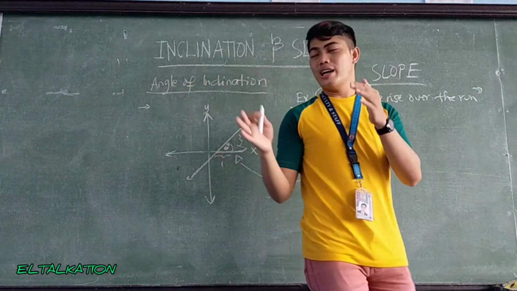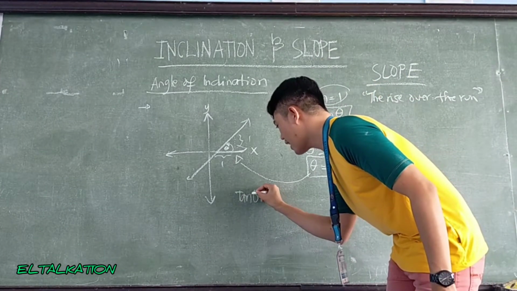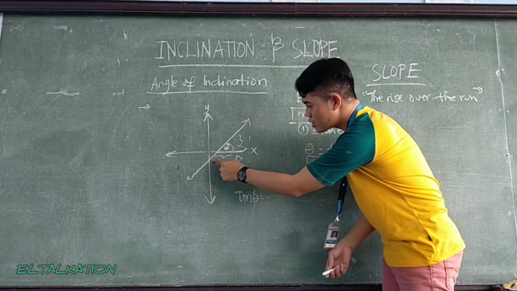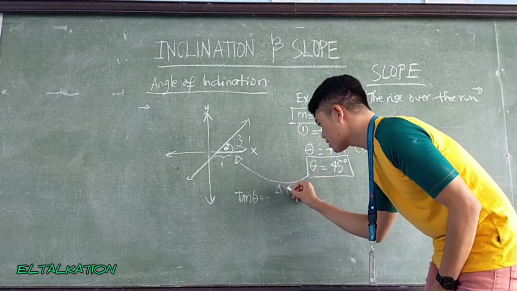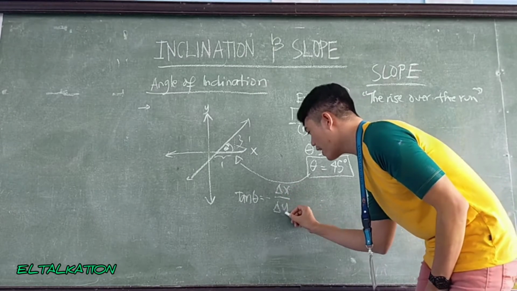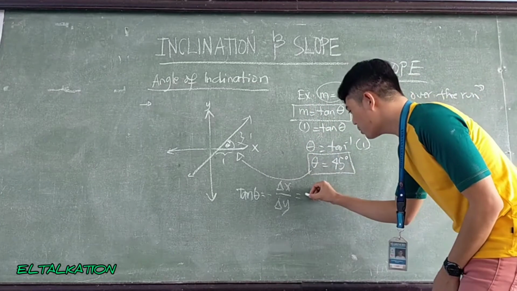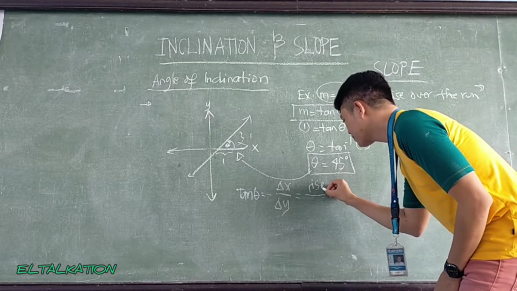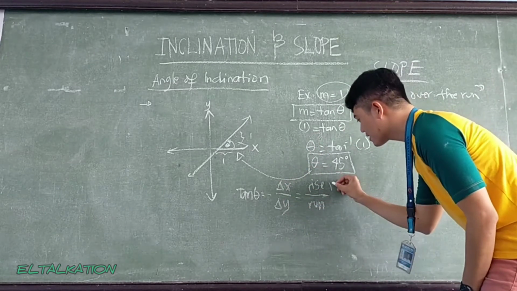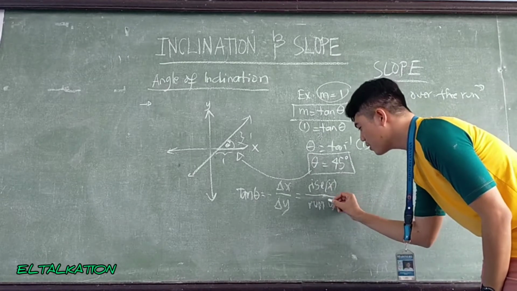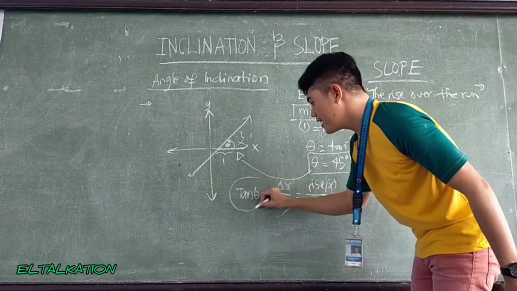Since we have this illustration, tangent theta is equal to the change of x over the change of y, while the slope is equal to the rise over run. Diba, yung kanina sinabi ko na ang rise is x and run is y. That's why m is equal to tangent theta.